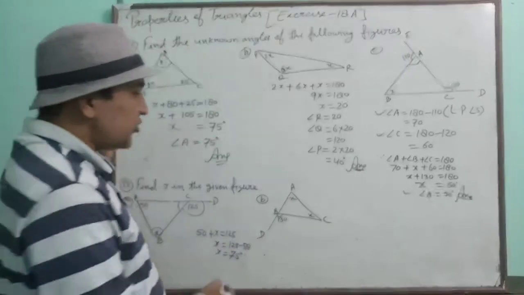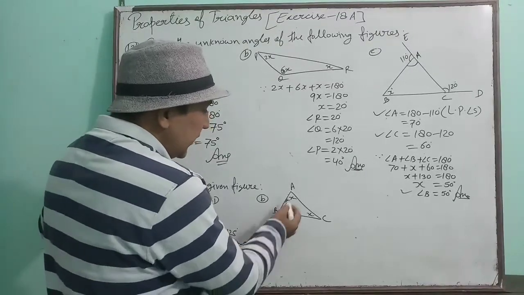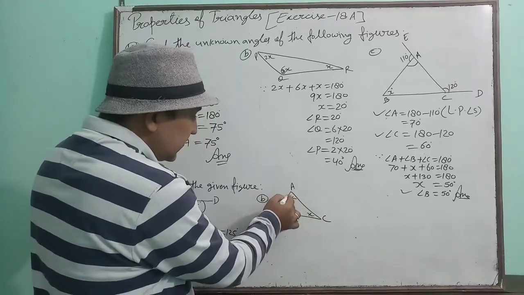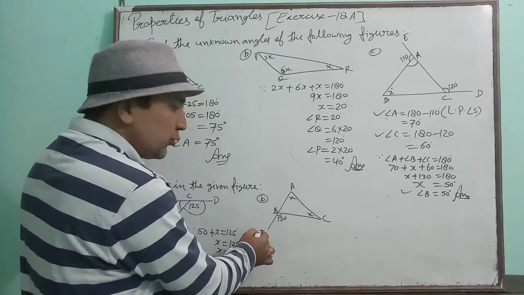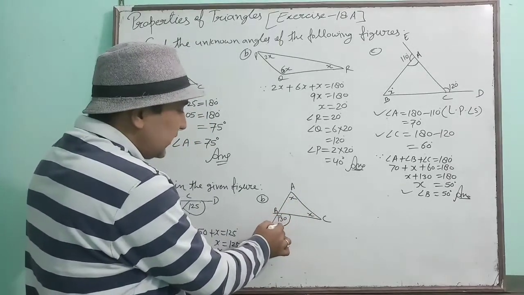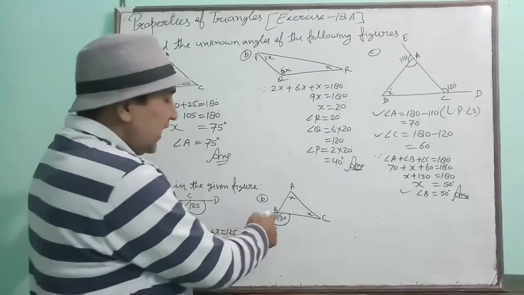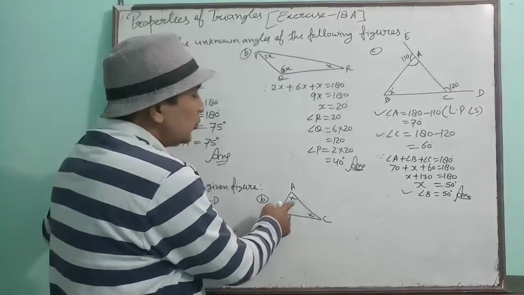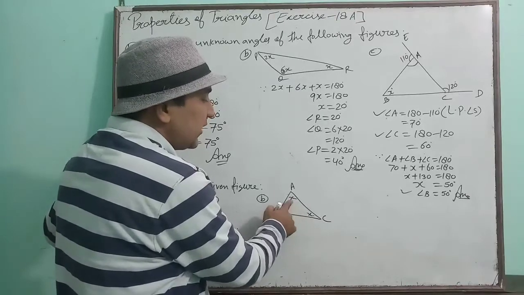Now see the second question. Again here in the triangle ABC, the side AB has been extended to D. So again this angle is called the exterior angle. An exterior angle is equal to the sum of two interior opposite angles.